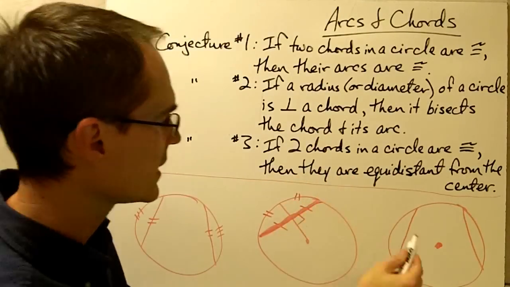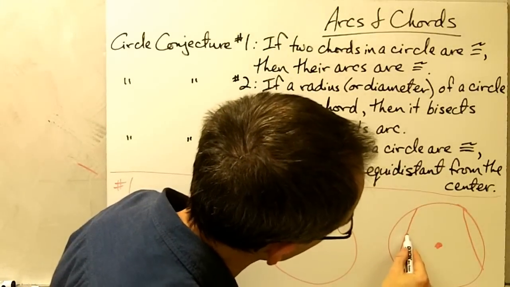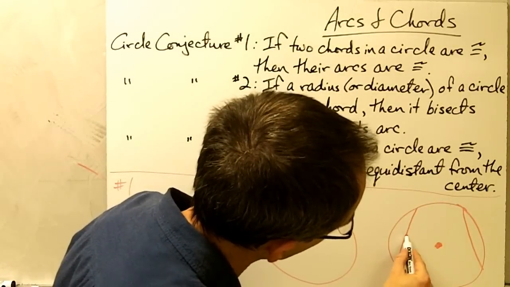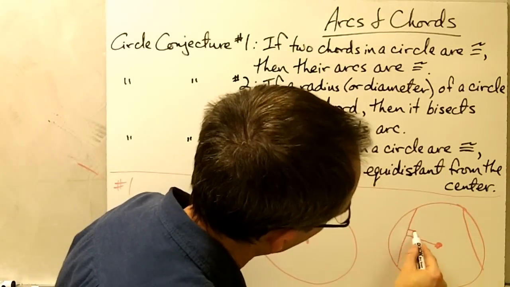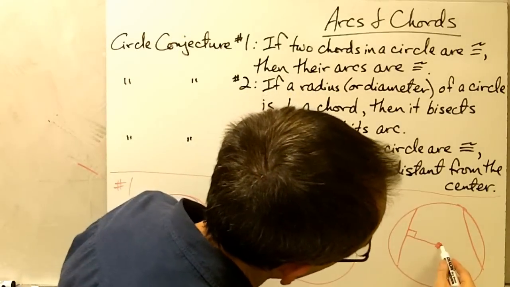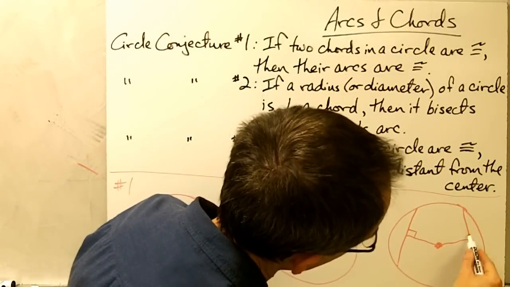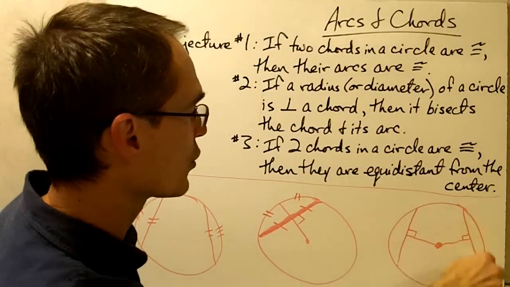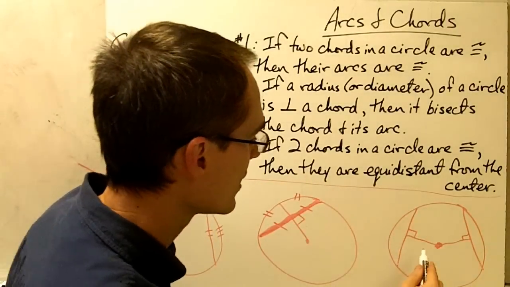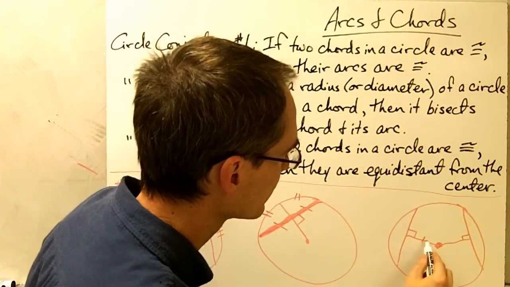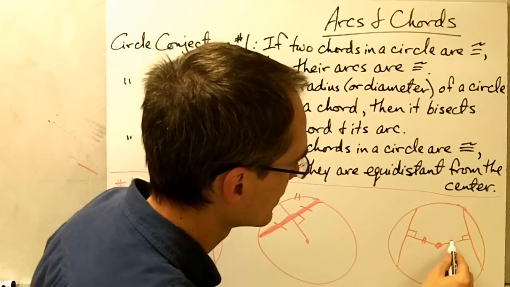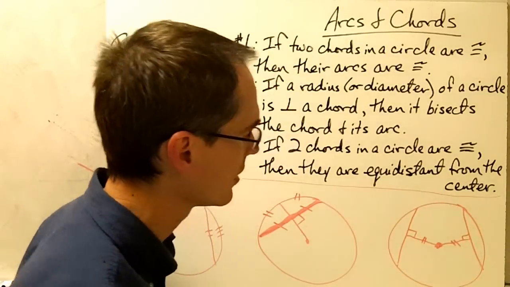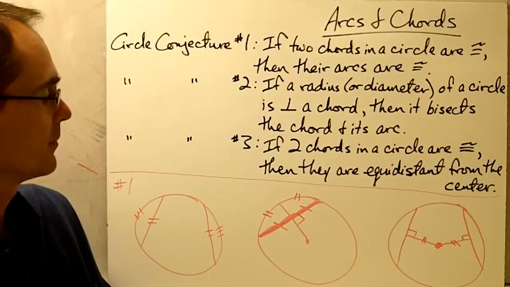The distance from the center of the circle is going to be a perpendicular distance. According to circle conjecture number three, if these two chords are congruent, then they are equidistant from the center. In other words, these distances here are going to be the same.